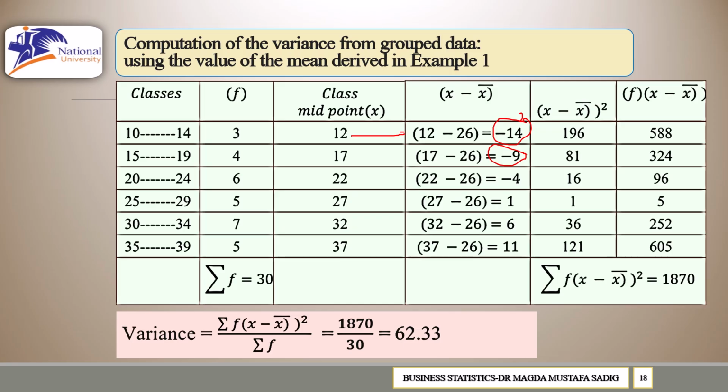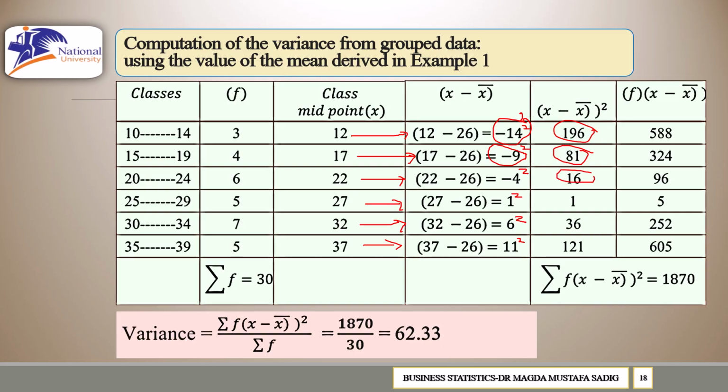We will subtract 26 from 12, 17, 22, 27, 32, and 37. Then we are going to square each result. For example, minus 14 squared, minus 9 squared, minus 4 squared, 1 squared, 6 squared, 11 squared. We will end up with these values.